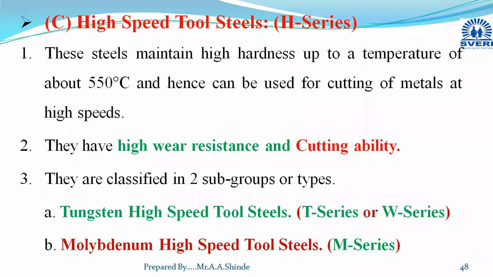Why do we give them this name? Because you can perform the cutting operation at very high speed. And why are we able to perform cutting operations at high speed? They maintain their high hardness even at higher temperatures of about 550 degrees Celsius.